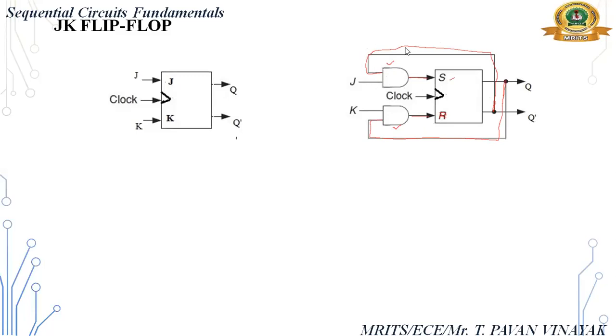For the first AND gate I am giving Q bar, and for the second AND gate, I am giving Q. The remaining is SR flip-flop only. We are only adding two extra AND gates to the SR flip-flop to overcome the invalid condition.